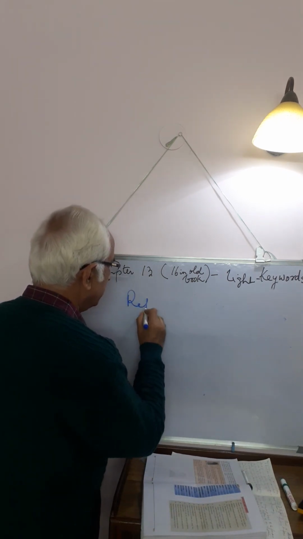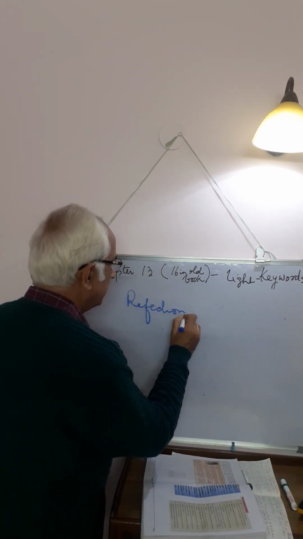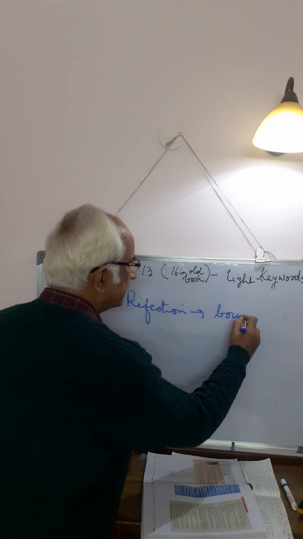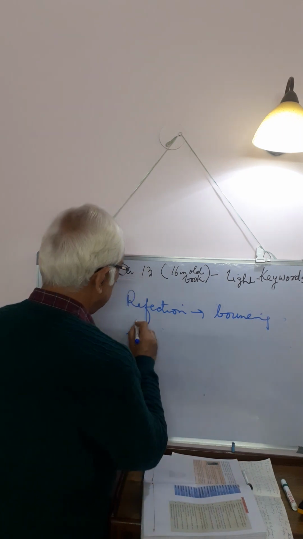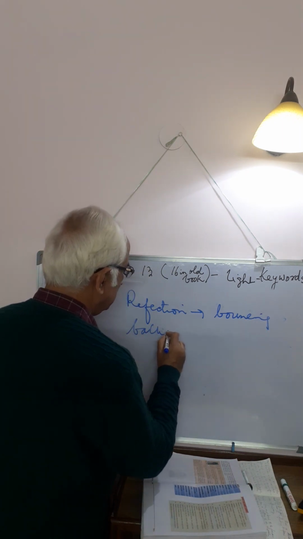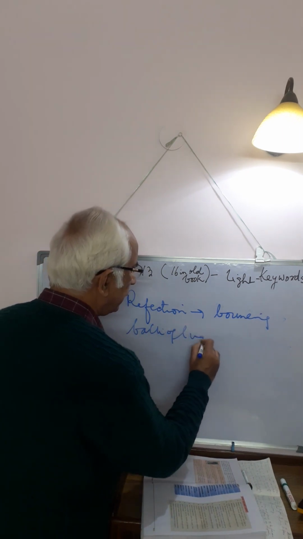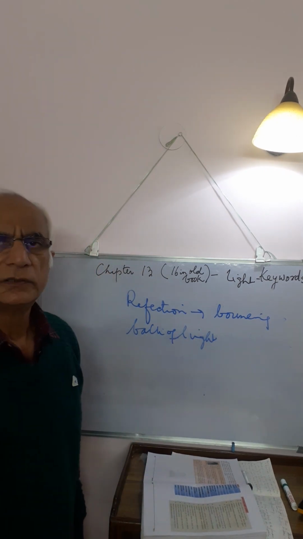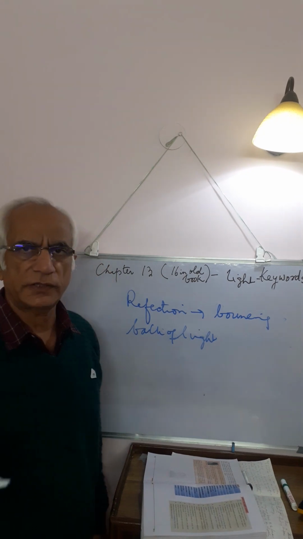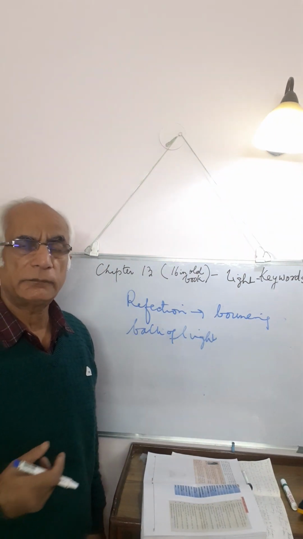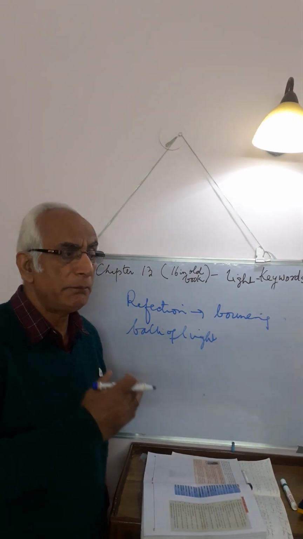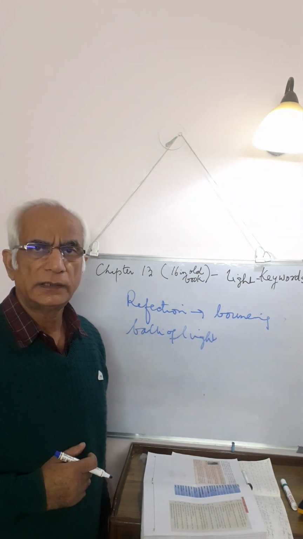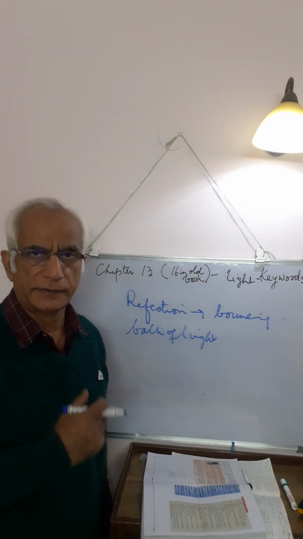Reflection. Reflection means bouncing back of the light. When light strikes a surface, it bounces back. So this process is called reflection. And reflection also means the image that is formed in a mirror or appears to have been formed by a mirror.